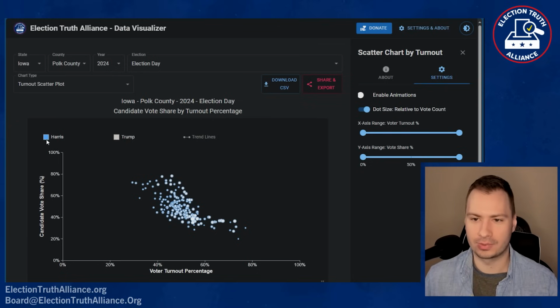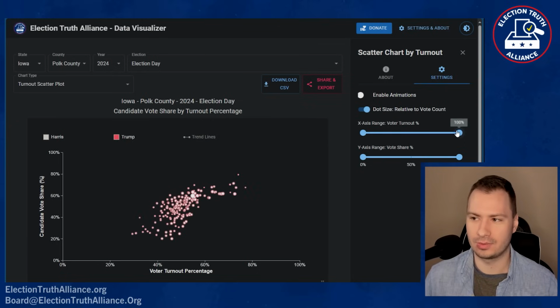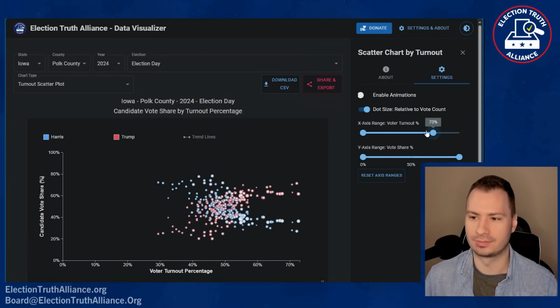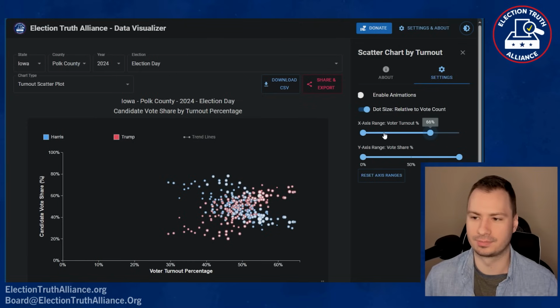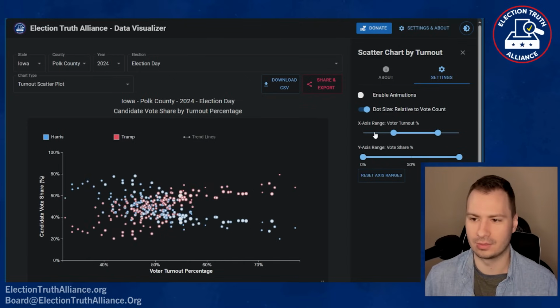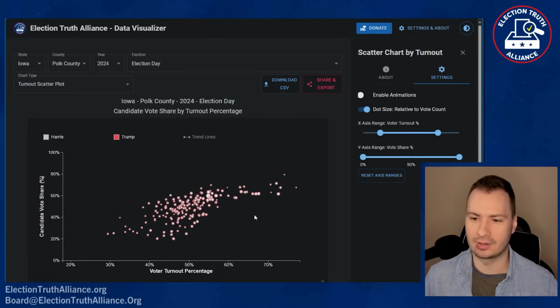And let's look at Trump's portion of his votes. And we'll actually make this a little easier to see here. We'll stretch this out a little bit. Then we'll get rid of Harris. Okay, so they asked about smaller precincts, higher turnout. So what we've done is we've actually made the dot size relative to the amount of votes cast.